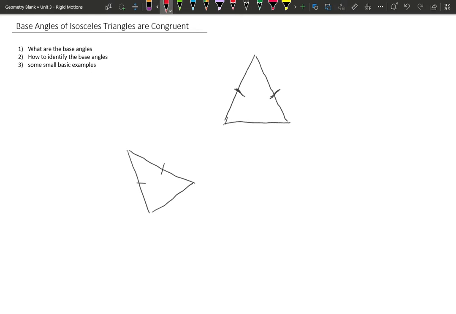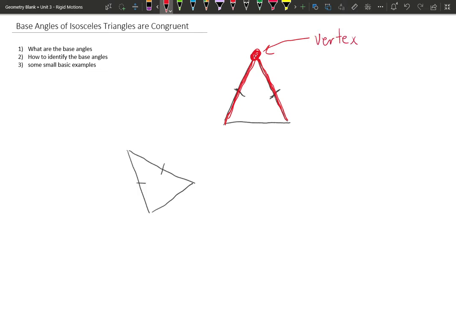So one thing I like to do is I like to highlight the congruent sides. So this one has a tick, so I'm highlighting that side. Which other side is congruent to that side? Well, this one over here, because we put that tick on it. Now, where those two sides meet, I like to think of that point as a top, but there's another word that we use, and it's called the vertex.